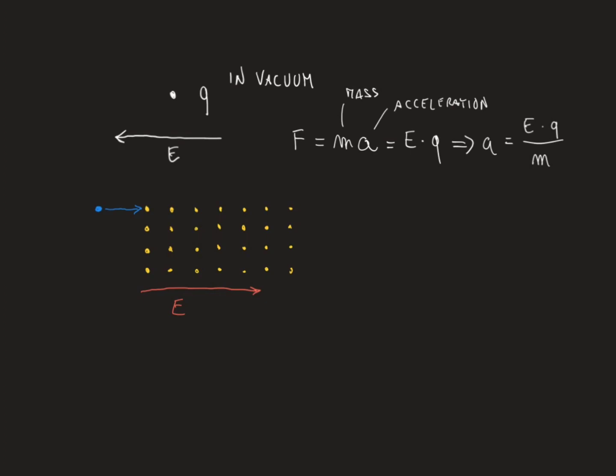Then again, under the action of the electric field, the charge will start accelerating again until it interacts with the next atom in the lattice. At that time, the charge will stop again, and then, under the action of the electric field, will start accelerating for some time, and so on and so forth.